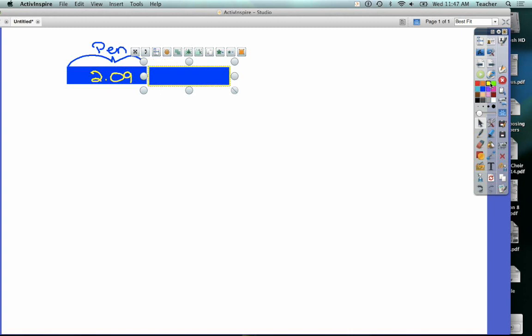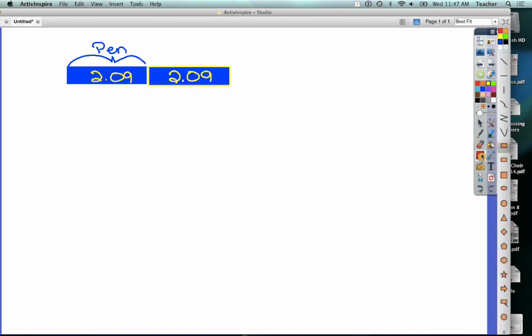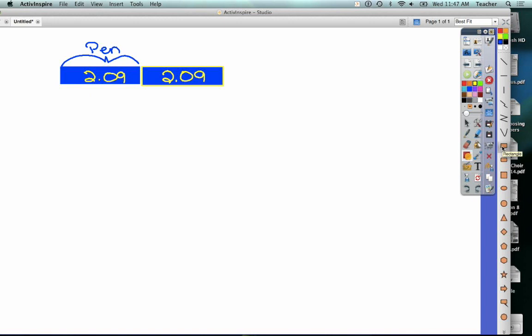So we already know it's definitely $2.09. But how much more than the pen is it? The marker is 45 cents more than the pen.